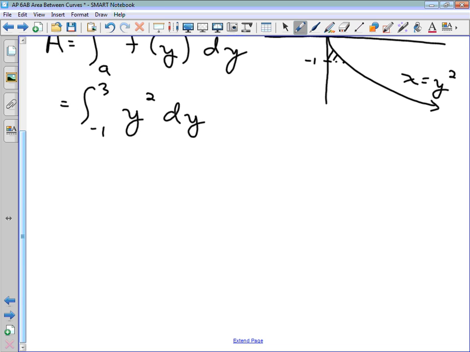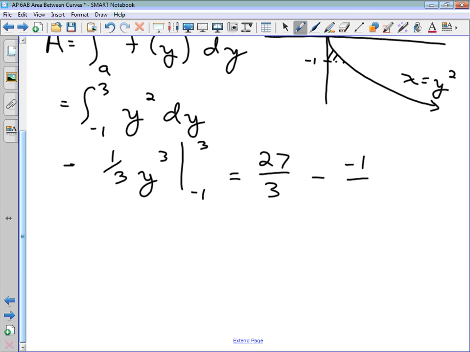So we take our antiderivative of y squared, which is 1/3 y cubed, and we evaluate this from -1 to 3. If we evaluate it at 3, we get 27 divided by 3, and we subtract this evaluated at -1, which is -1/3.